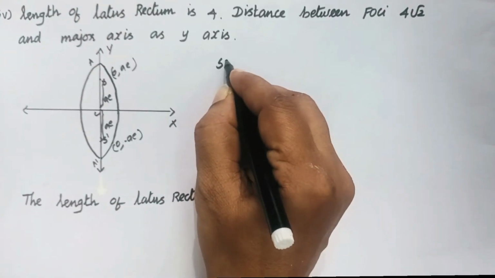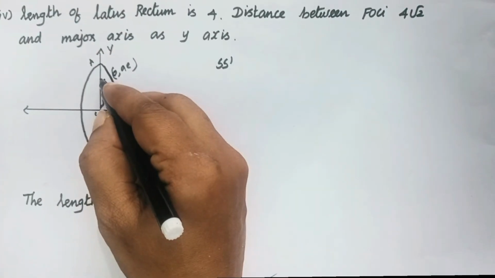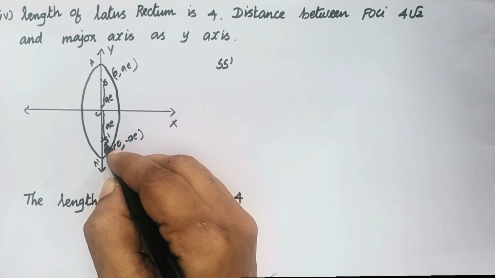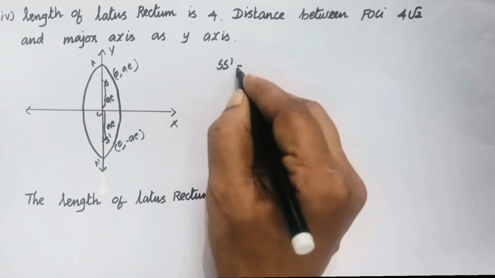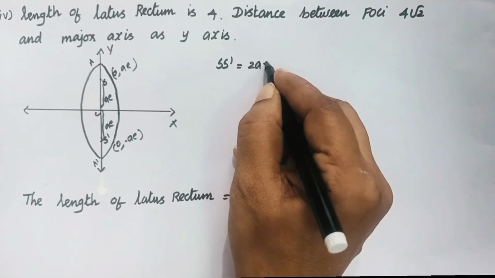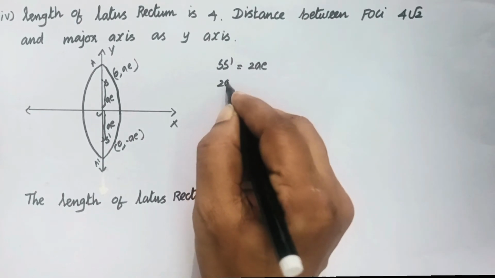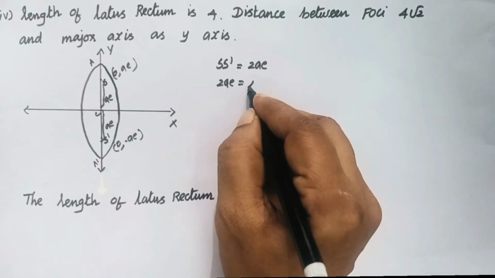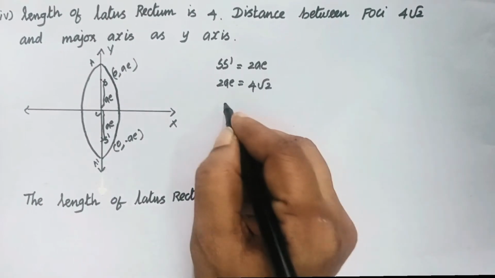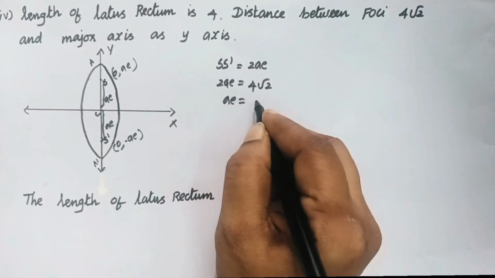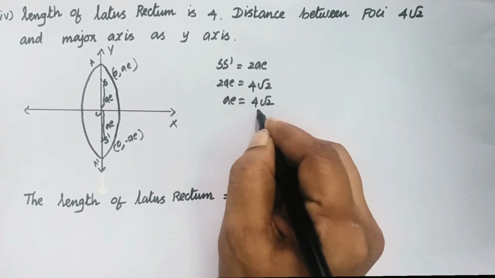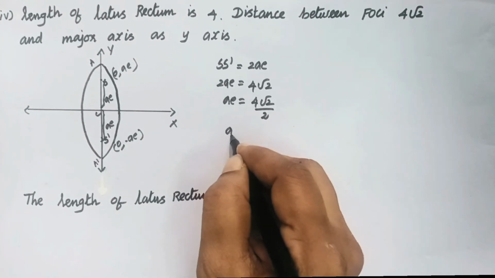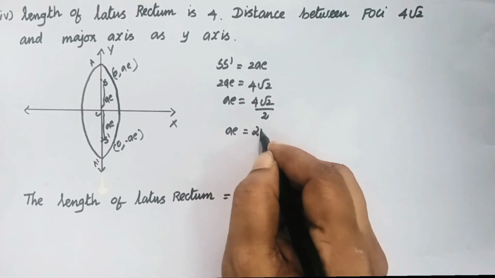From the first focus to the second focus it is 2ae, which is 4 root 2. So 2ae equals 4 root 2, so ae equals 4 root 2 divided by 2. So ae equals 2 root 2.